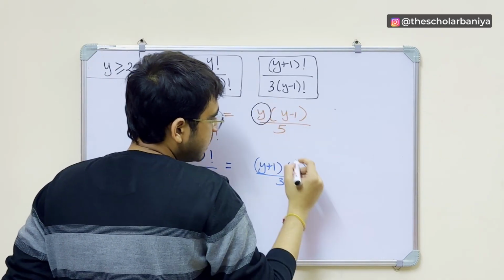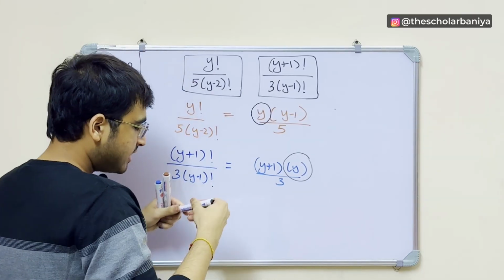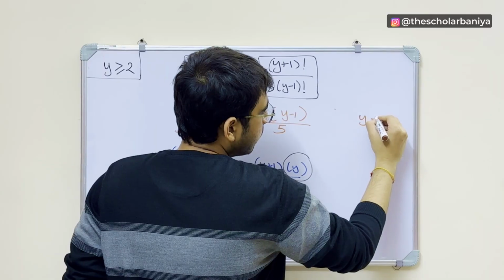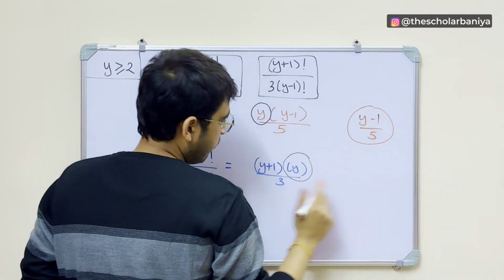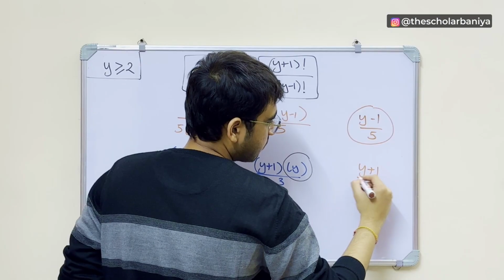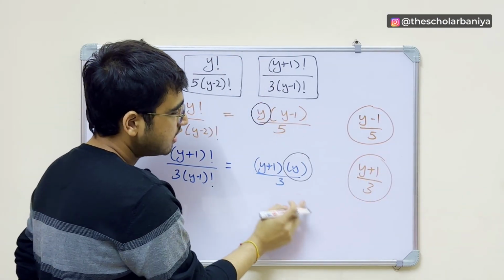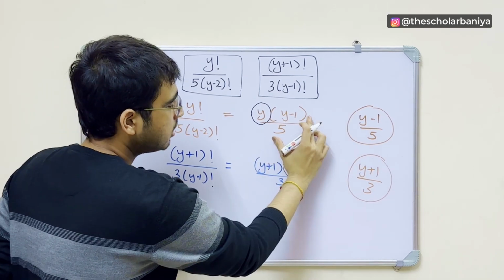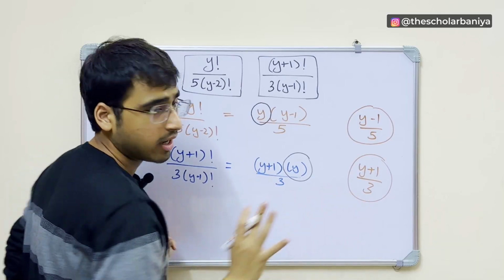Y is common in this and y is common in this, right? So essentially we have to compare only y minus 1 upon 5 and y plus 1 upon 3. Why? Because in both these cases y is common, so we don't care about y. We only care about the remaining part, which is y minus 1 upon 5 and y plus 1 upon 3, right?